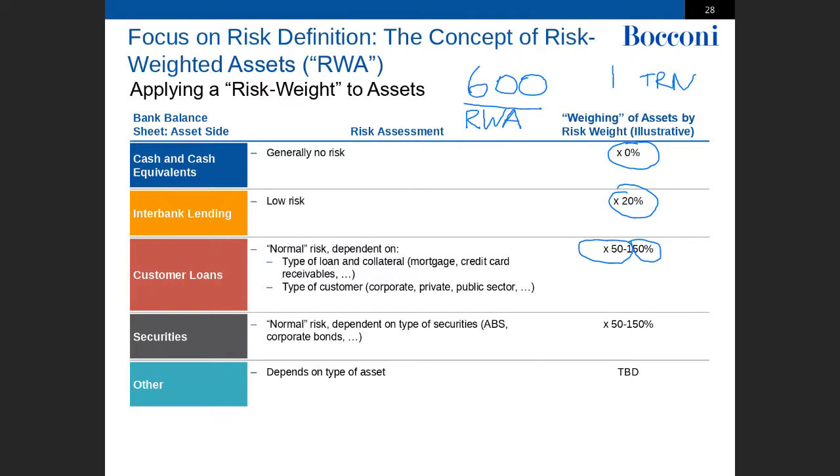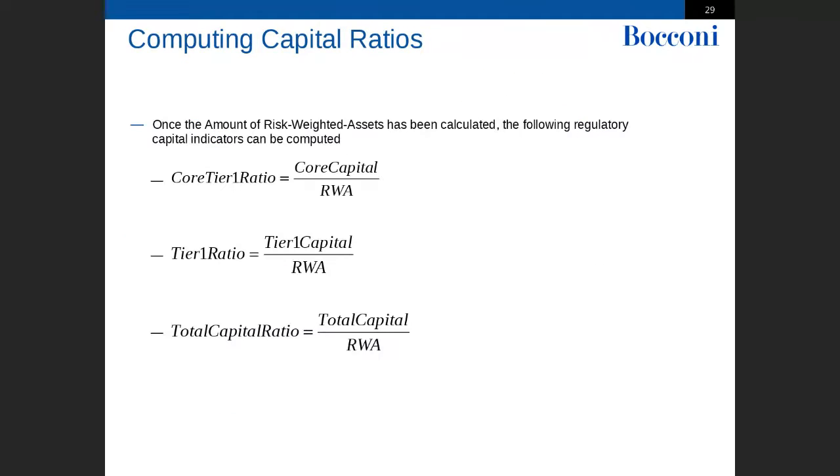Because line by line, element by element, you have weighted this 1 trillion times their own riskiness, and this 1 trillion reduces down to 600, which is the risk-weighted assets. Why are risk-weighted assets important?